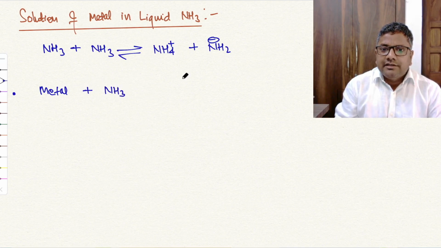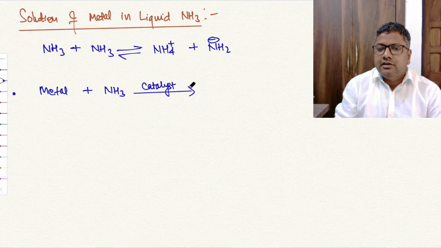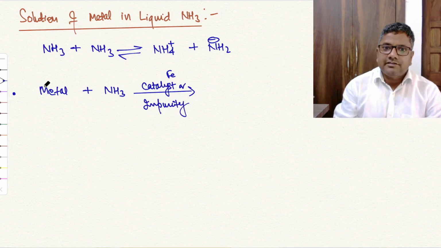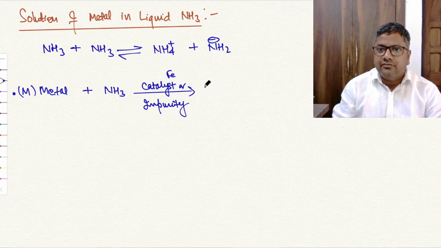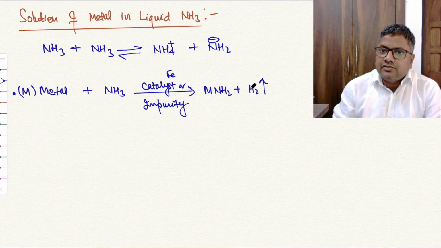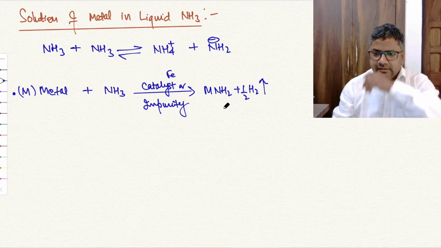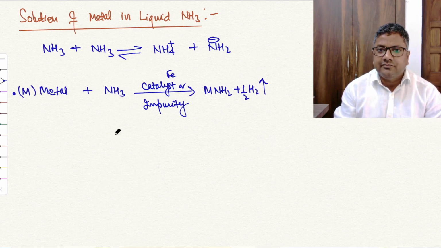If there is some impurity or a catalyst like iron in that metal, then immediately this metal M of the first group reacts and forms MNH2 and hydrogen, half of H2. This will form, right?